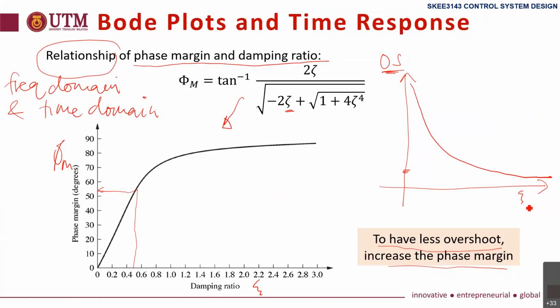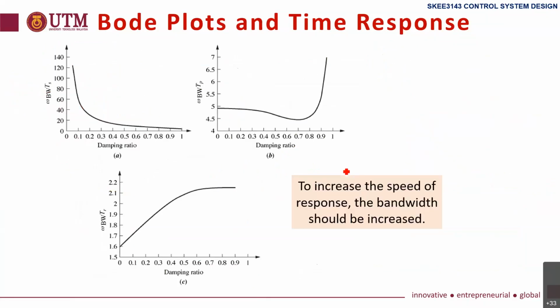Phase margin and zeta are proportional but not linear. This will later be used for design. That is the first one. Second one, the relationship between time response.